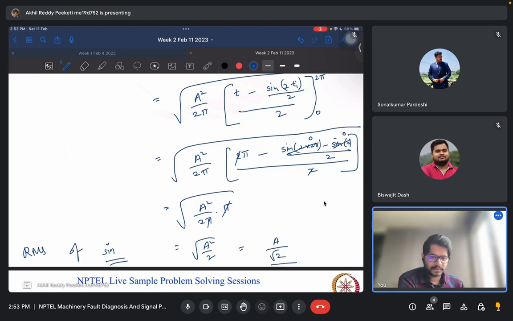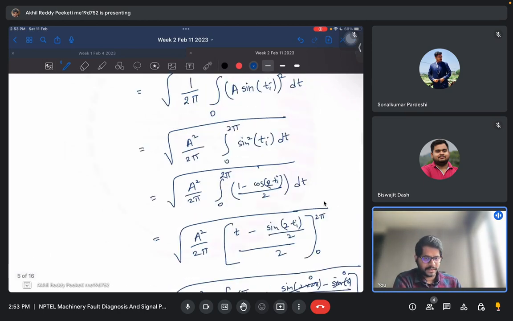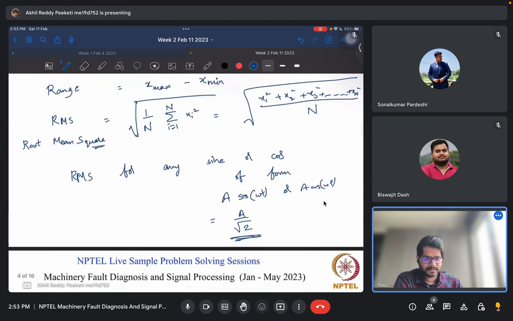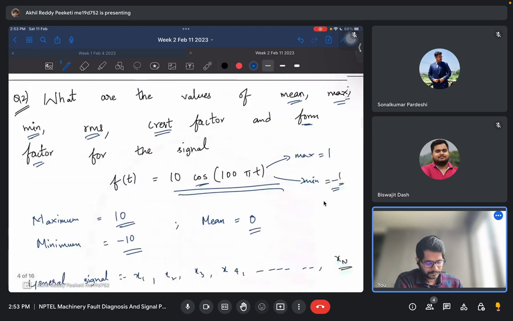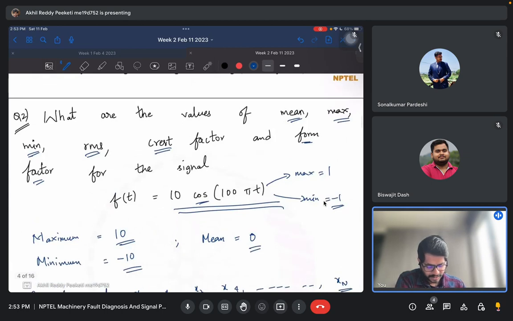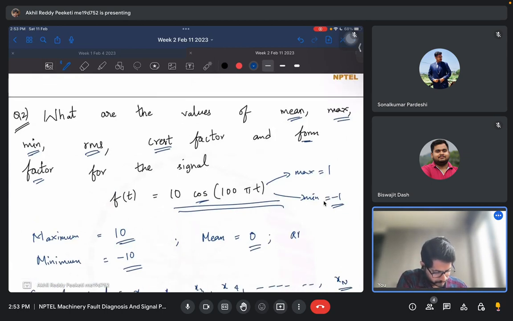Okay. So this is how, if you have any sine or cos, you will actually only have a by root 2 as the RMS. For this case, what would be the RMS then? Amplitude is 10, so you will have 10 by root 2 as the RMS.